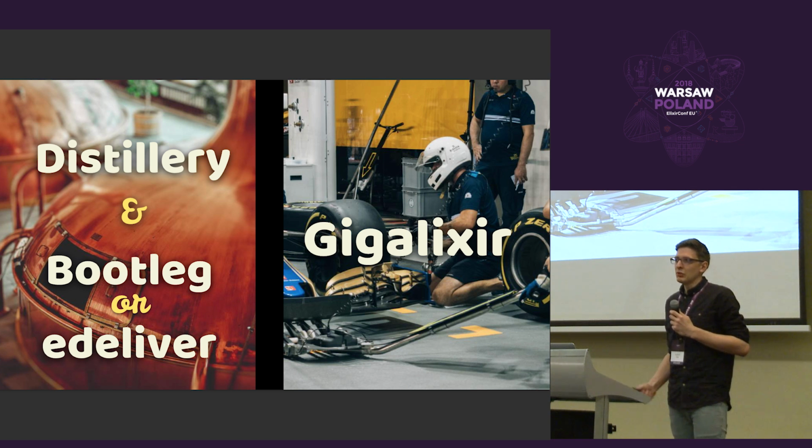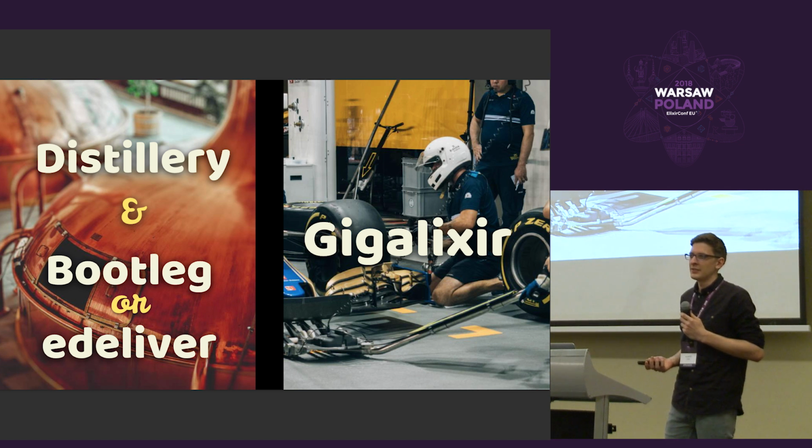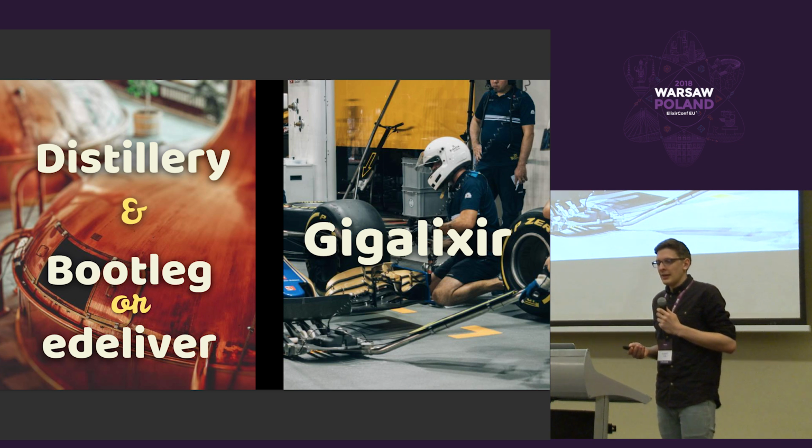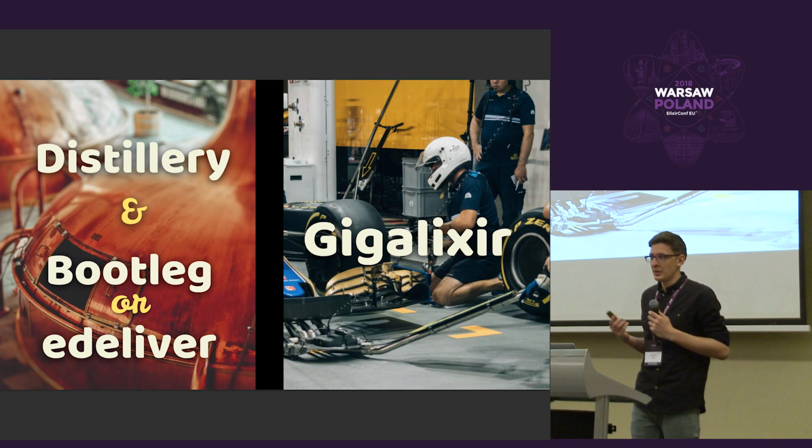Now, Bootleg is the younger project of these two. It's written in Elixir. Edeliver is the first project that got this really right. Both are very solid choices. I suggest you pick one of them on top of Distillery.